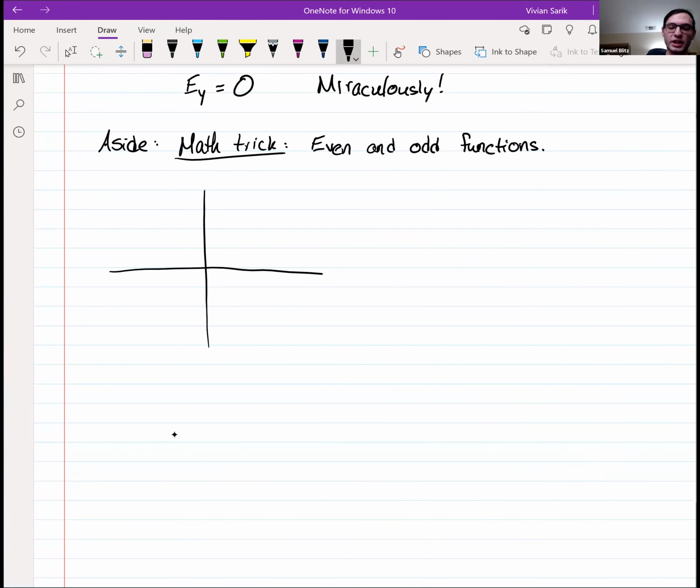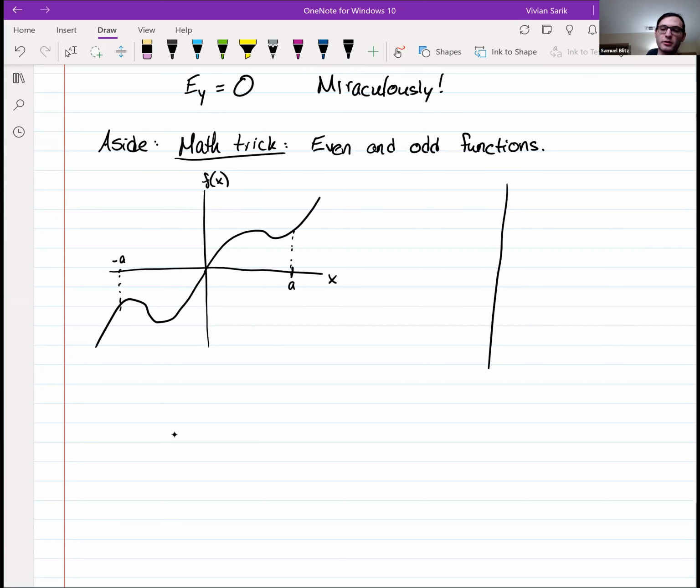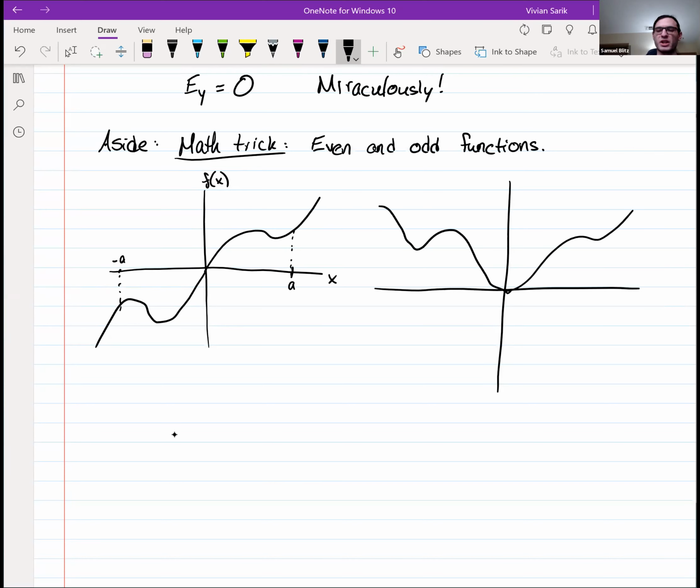One function looks something like this. You have x and f of x here, and you want to integrate it from minus a to a, right? And then there's another function, something like that, and you want to also integrate this from minus a to a.